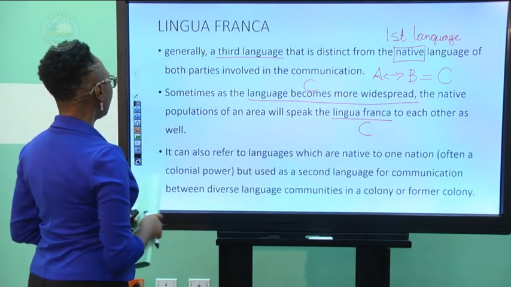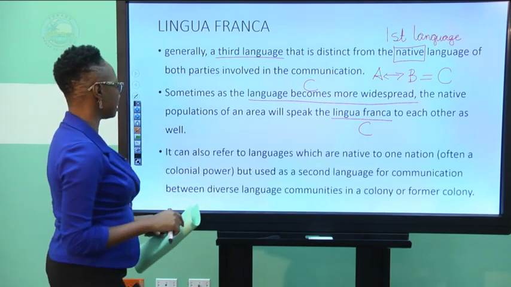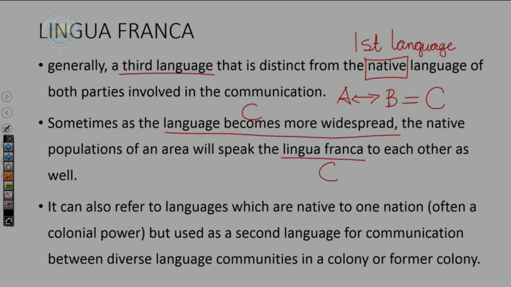Now, the other thing we need to know about lingua francas is that it can also refer to languages which are native to one another. And remember to take a picture as we go through, so that you can refer to what it is we looked at today. So the lingua franca can refer to languages which are native to one nation, often a colonial power.